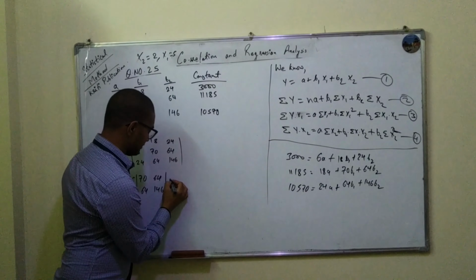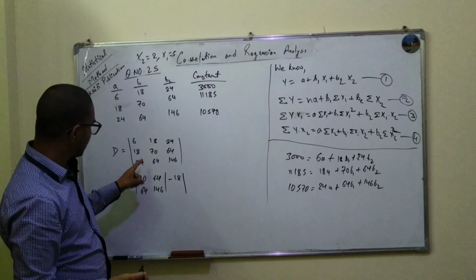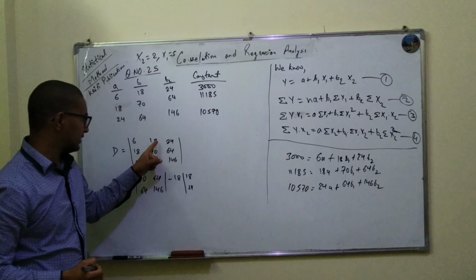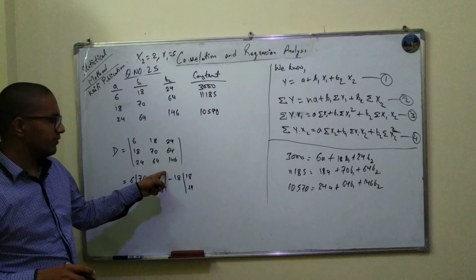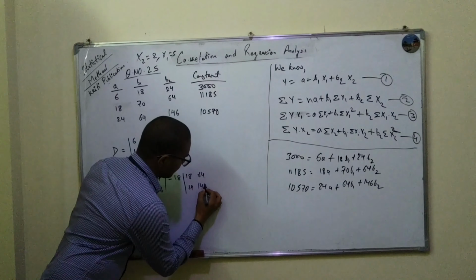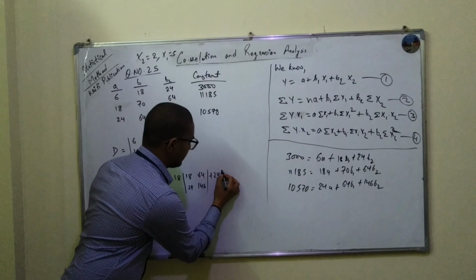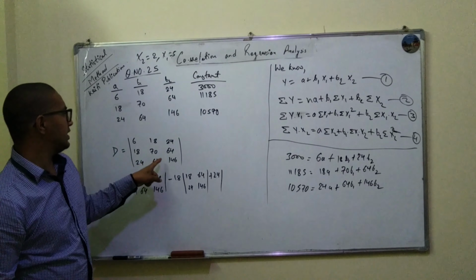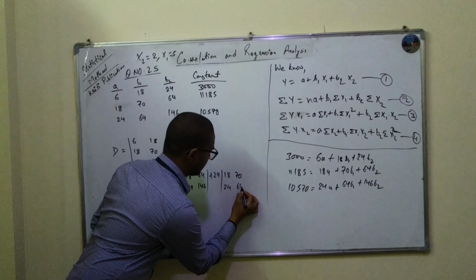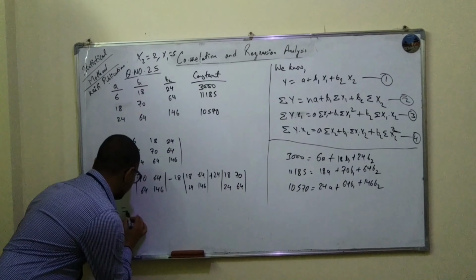Then minus 18, and since you're taking the middle row, we ignore the figures from here: 18, 24, 64, 146. And again plus 24 times 18, 70, 24, 64.